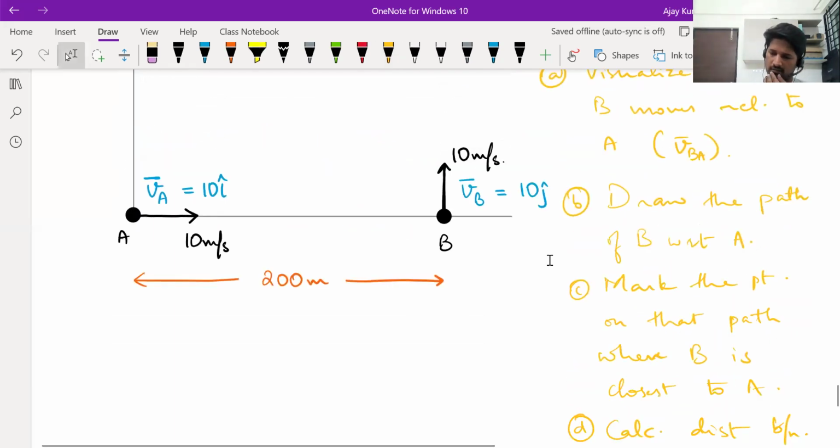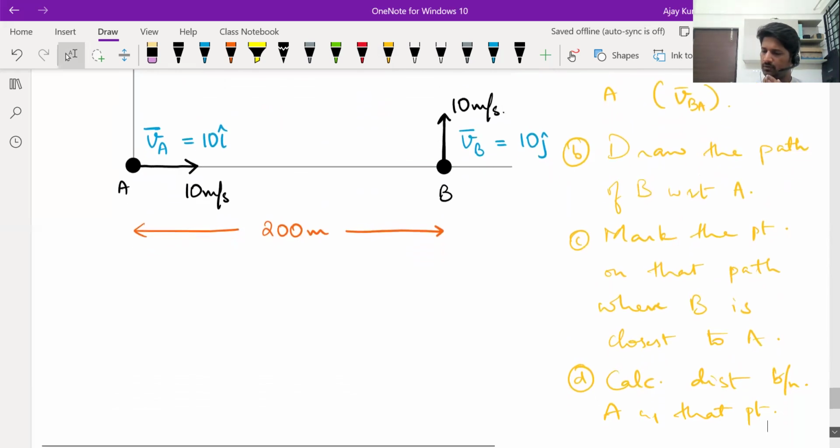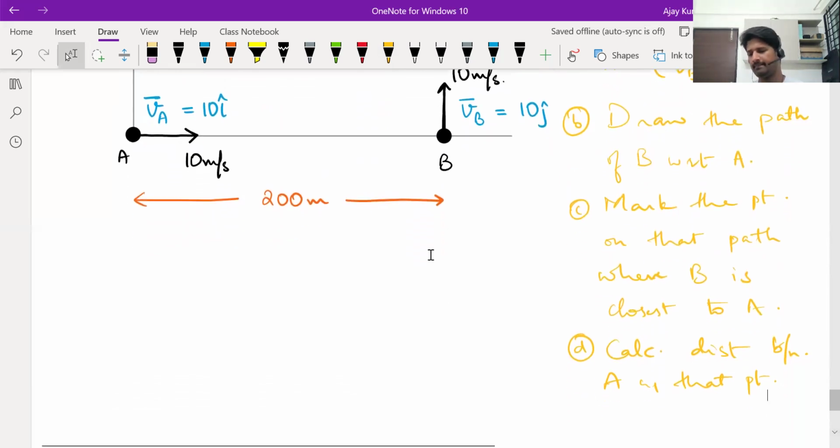Do this, all of you. First write the relative velocity, draw the path followed by B relative to A. Visually, just by looking at it, you can tell where B is closest to A. Then try to find the distance between those two points. We'll have to apply a little bit of geometry, trigonometry also. Try this, all of you.